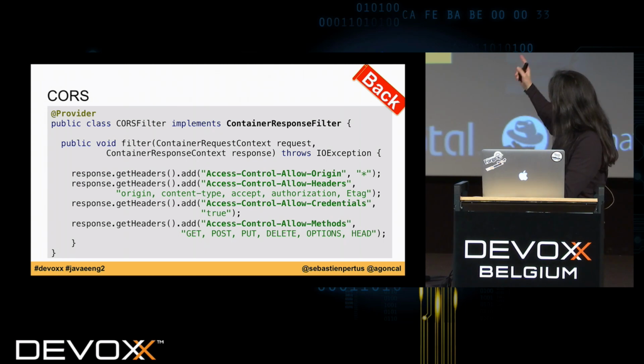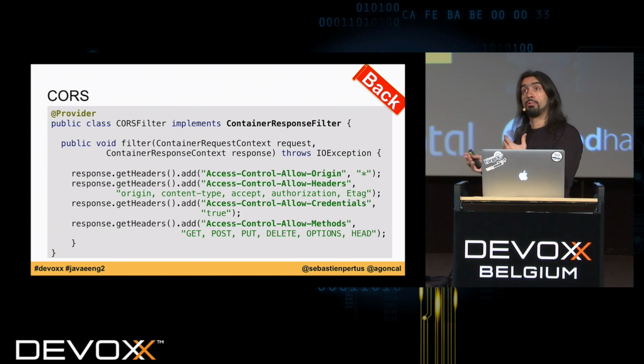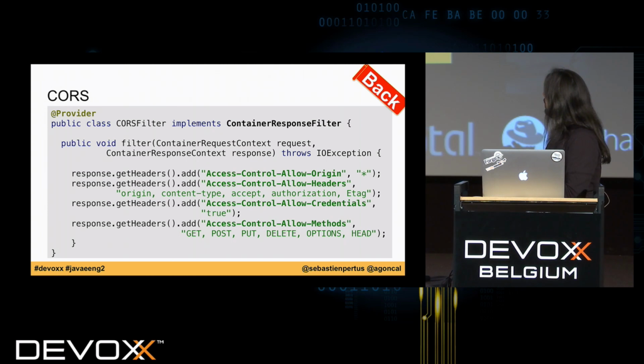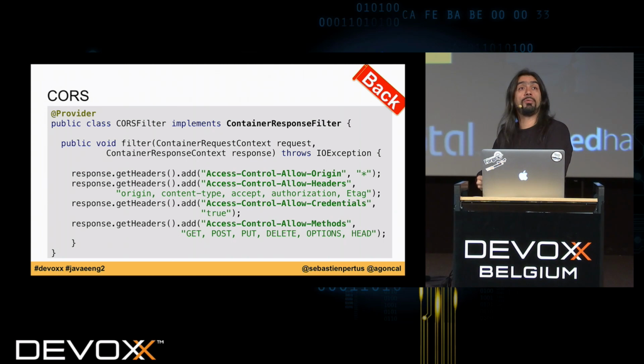We will show you the ETag, the authorization, the credentials too, because we're going to log in and so on. The Access-Control-Allow-Methods, if we only allow GETs, or if we allow GET, POST, PUT, etc.